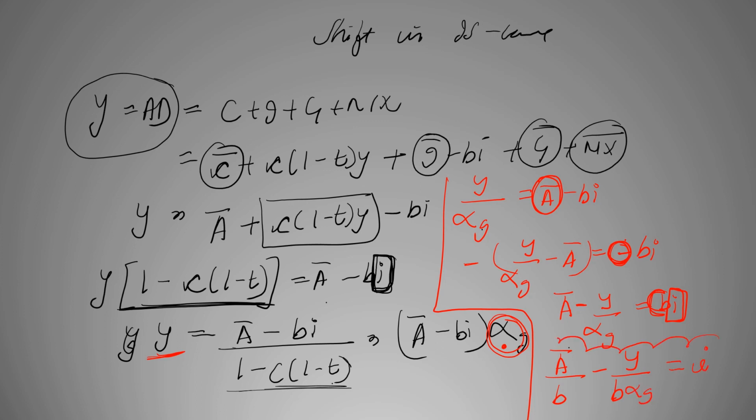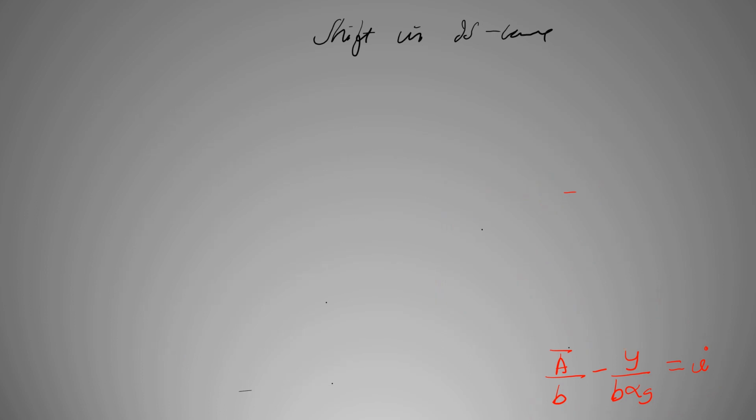This is our equation for your IS curve in the goods market. So again, this is our new IS curve equation: I is equal to A by b minus Y by multiplier times b, okay?